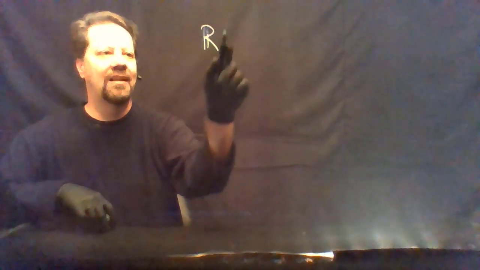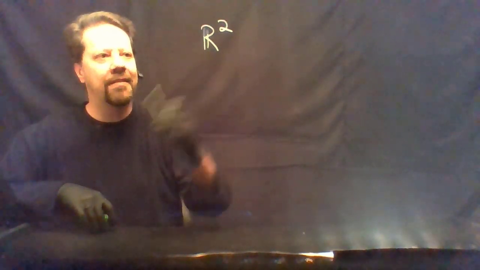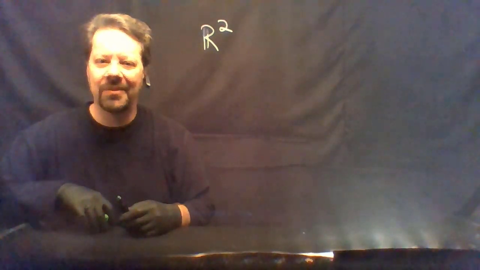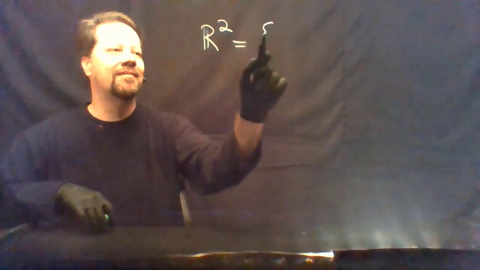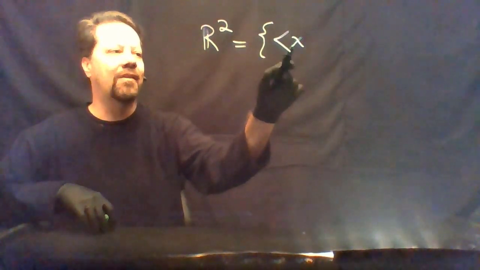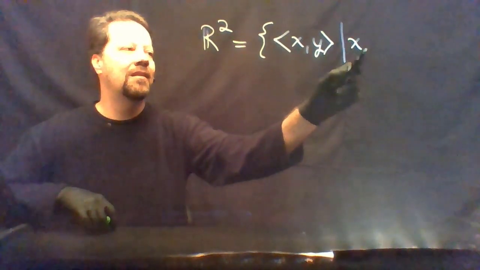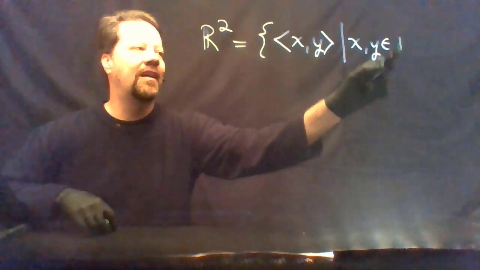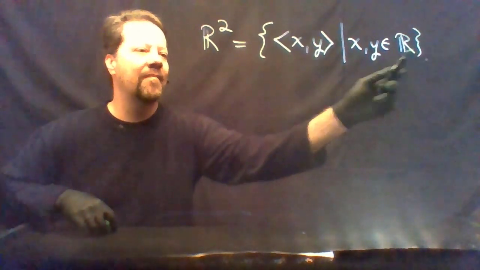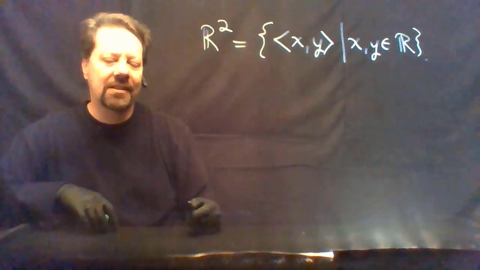So I would like to begin a discussion of some simple vector spaces with the vector space R2. This is the set of all angle bracket x comma y, such that x and y are elements of the set of real numbers. This describes a set.